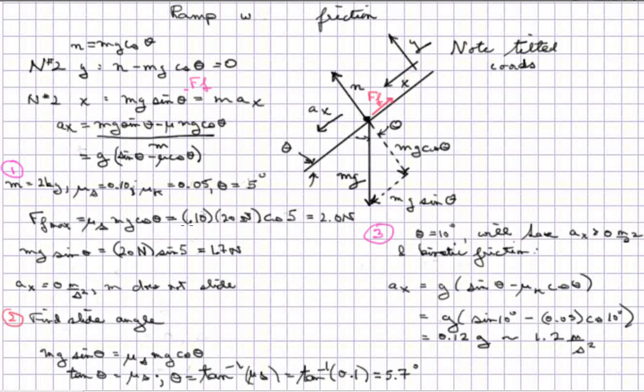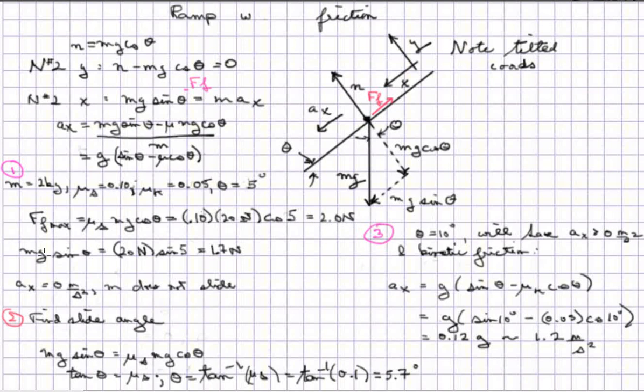So if you put the numbers in, that's 0.10. That's what we're assuming for mu sub s here. Times mg, well, that's the weight. I'm using easy numbers here, 20 newtons. And then 5 degrees, well, that would be cosine of 5. And if you do the numbers here, you get 2 newtons. 0.1 times 20 is 2, and cosine 5 is so close to 1 that we're just going to say 2.0.